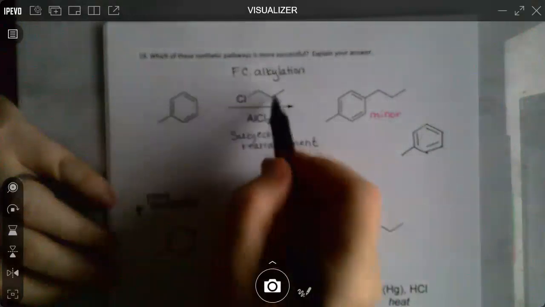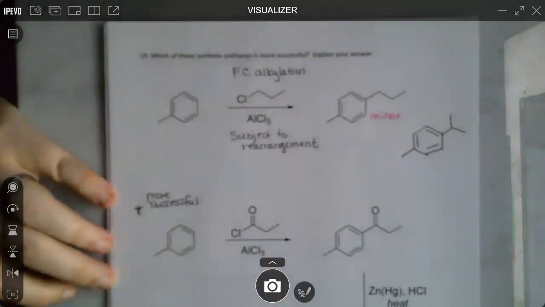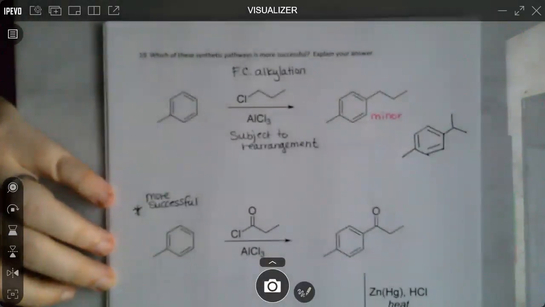So we have 1, 2, 3. It will rearrange to a secondary carbocation and introduce an isopropyl group.